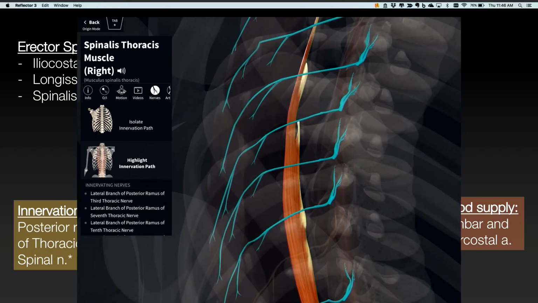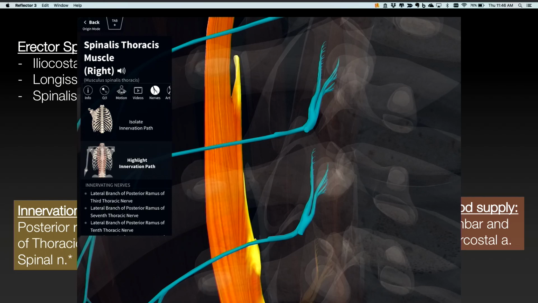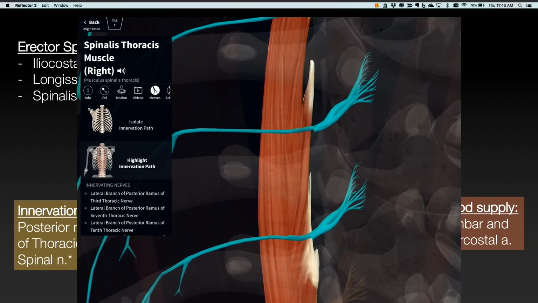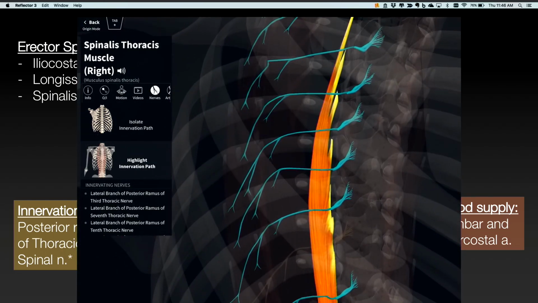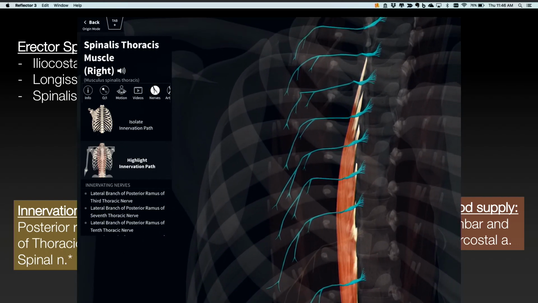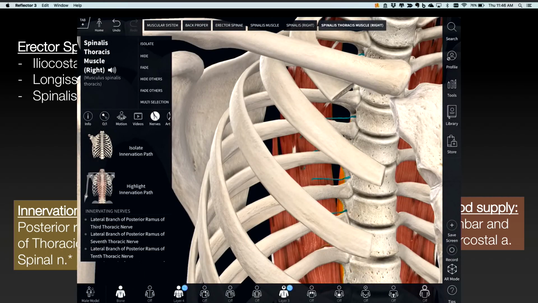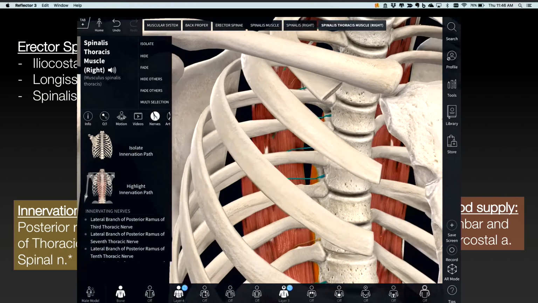Posterior rami, innervating muscles of the deep back. Notice they don't only do that, and you can see some of their terminal branches, which would be iliocostalis on the far side. But those rami innervate all the erector spinae muscles.